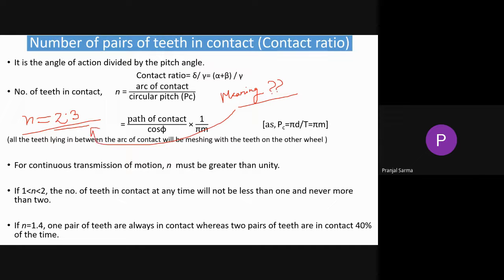Rishikesh? Sir, the number of teeth in contact will be more than one, sir. Definitely more than one. I am talking about the 2.3 value. Be specific.